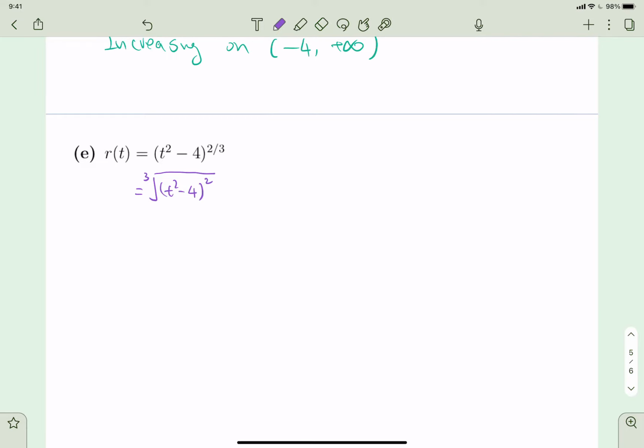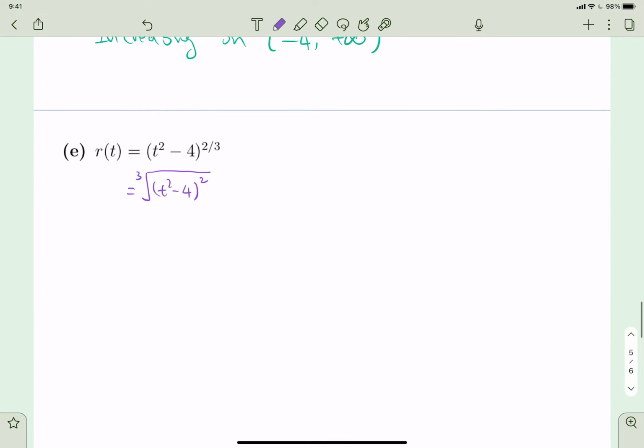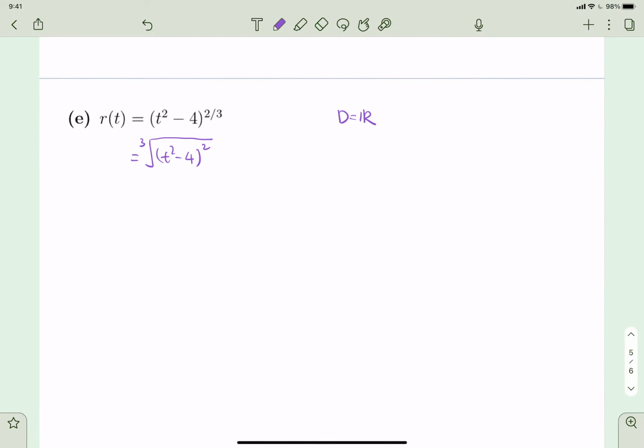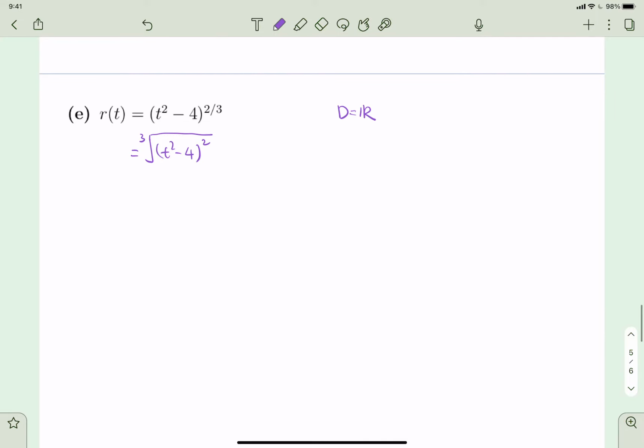So it's taking the cube root, not the square root. So the sign of the thing underneath the cube root does not matter. It does not have to be greater than or equal to 0. And because of that, its domain is all the real numbers. Every number you plug in is always valid. Okay? Domain is all the real numbers.